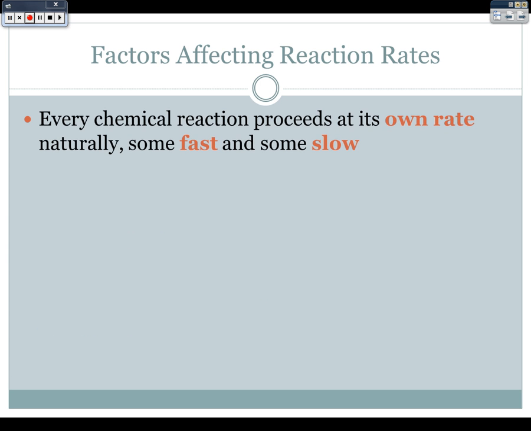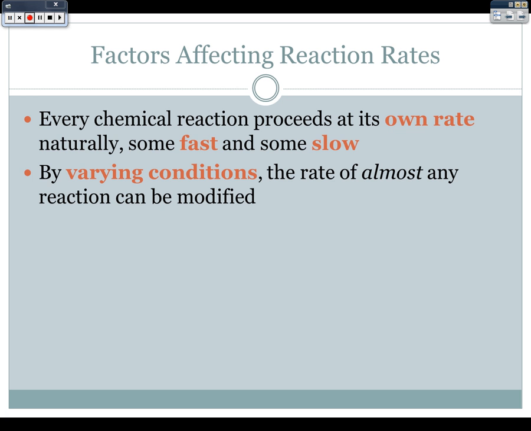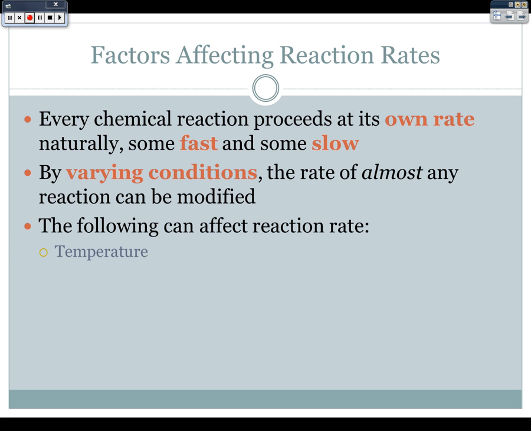So every chemical reaction proceeds at its own rate, naturally, some fast and some slow. By varying the conditions that the reaction is occurring in, the rate of almost any reaction can be modified or changed. The following can affect reaction rate. By changing the temperature, we can affect reaction rate. We can affect it by changing the concentration of reactants or products.